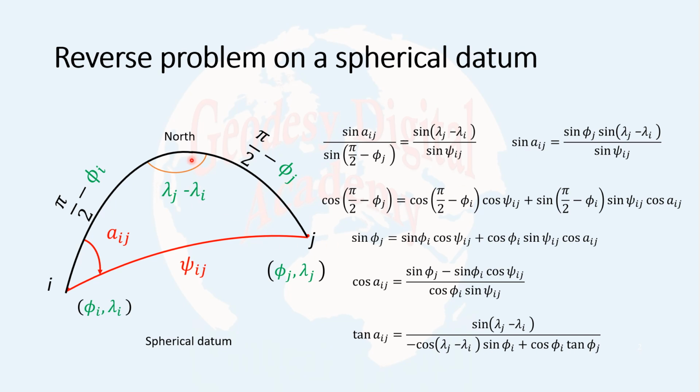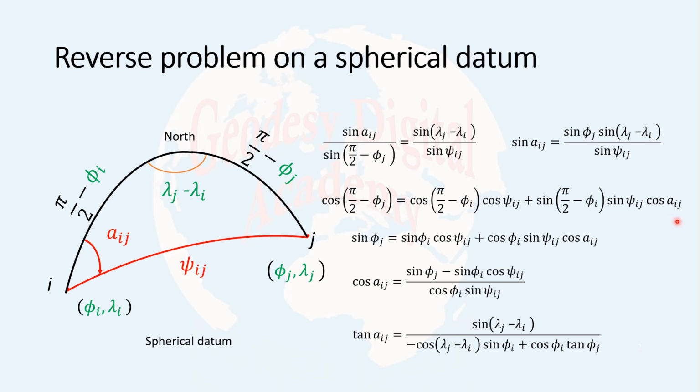We can also use cosine. I write cosine of this arc equals cosine of this arc times cosine of this arc plus sine of this arc, sine of this arc, and cosine of this angle, which is in front of this arc.